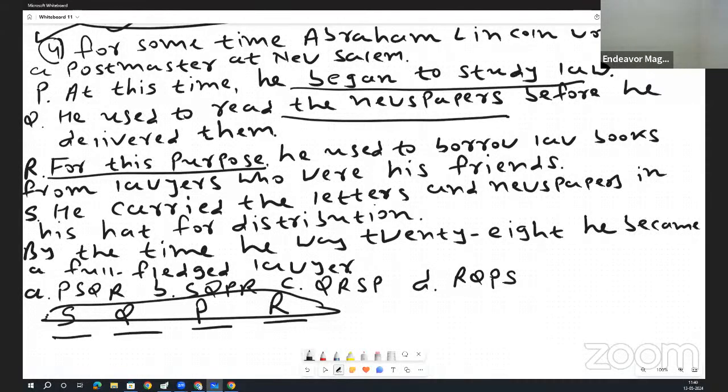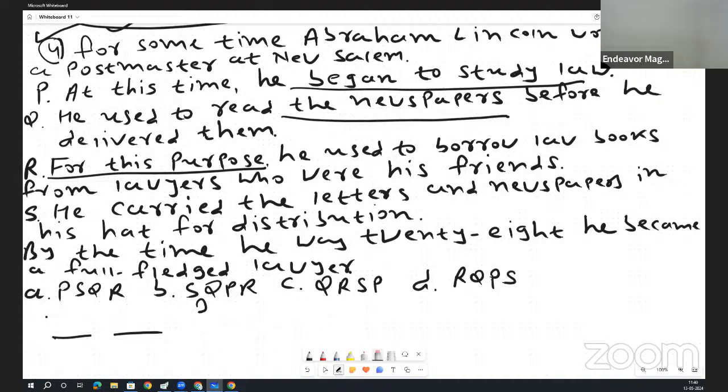Again, students, let me just go through it. For some time, Abraham Lincoln worked as a postmaster at New Salem. Then the next statement, students, should be S. He carried the letters and newspapers in his hat for distribution. Then he used to read the newspaper. Which newspaper, students?